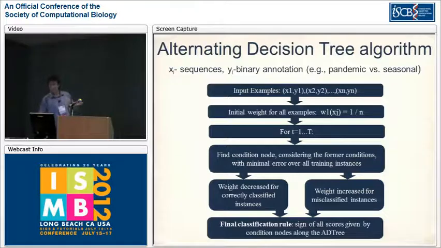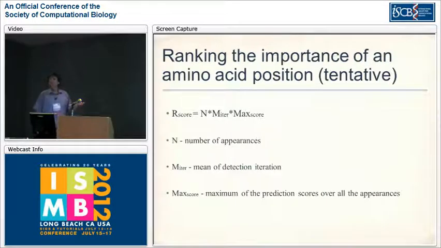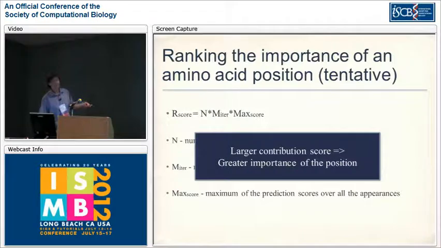Now, we want to get a small number of these, so we derived a tentative ranking of the results. We just multiply the number of appearances of each amino acid position by the mean of detection iteration and the maximum of the prediction score of the sequence. And that seemed to be okay. And of course, the larger the contribution is, the more important the position is.